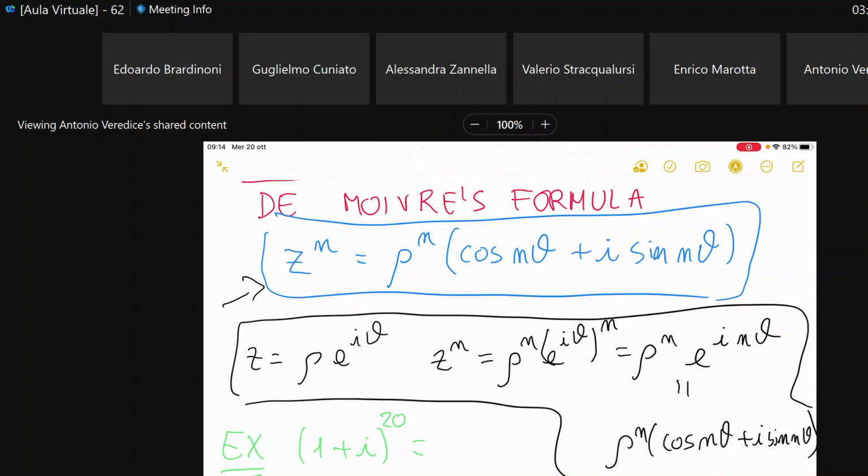Cosine of theta is 1, the real part, over rho, as I told you before. So it is square root of 2 over 2. And the sine of theta is still 1 over the square root of 2, so square root of 2 over 2.